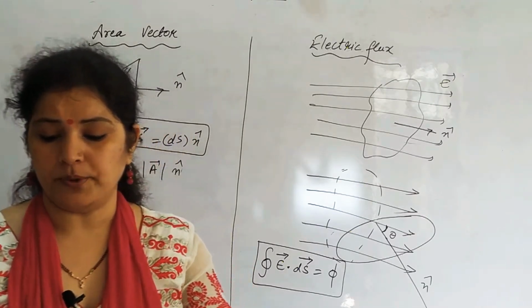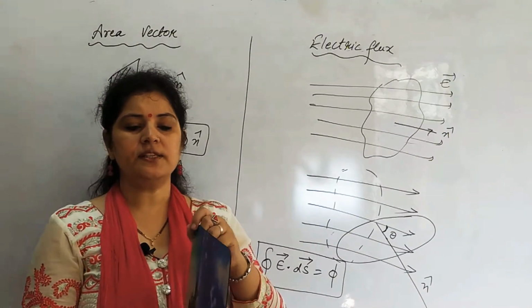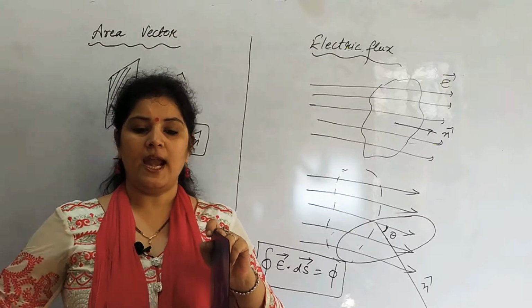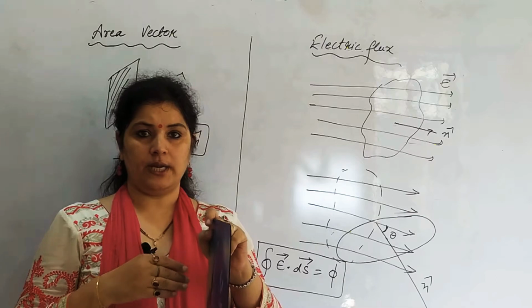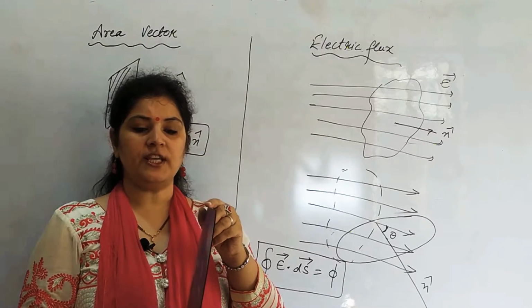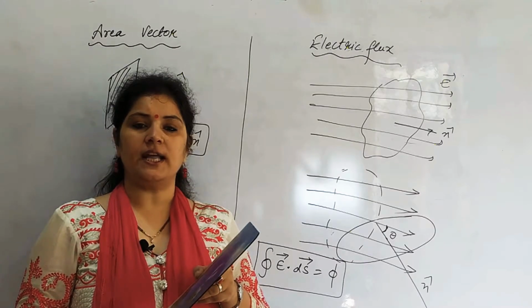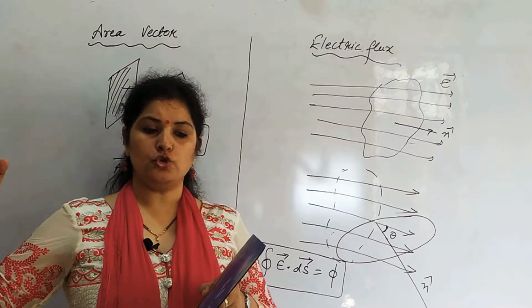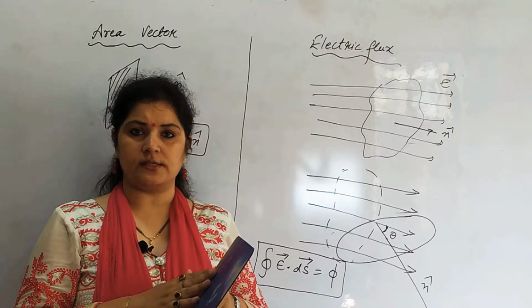Say for example, say I have taken this area, right, and there are so many electric field lines crossing this area, right? Now if I change the direction of area like this, so the electric field lines that were going through here, now they will not be able to pass.